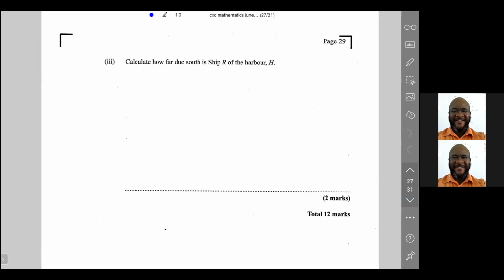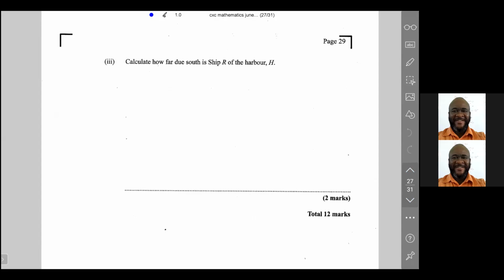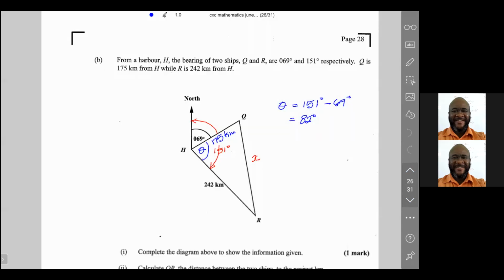Next we're asked to calculate how far due south R is of the harbor H. So how far south is R?